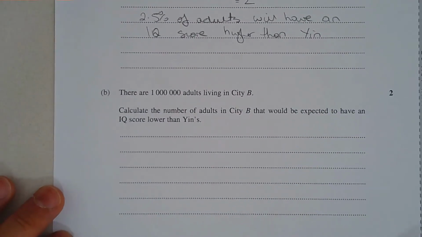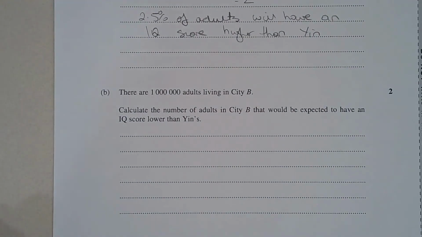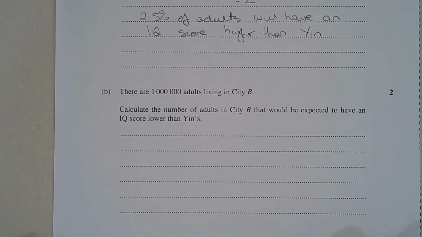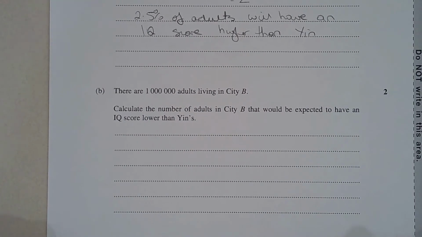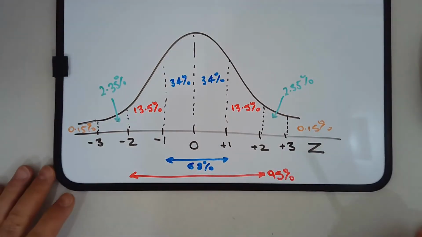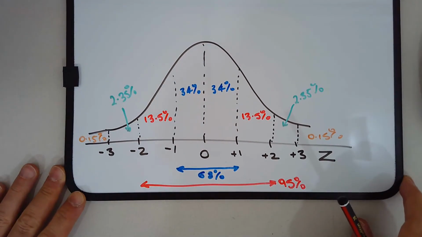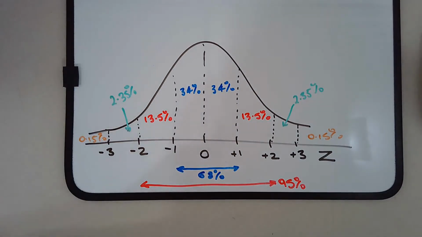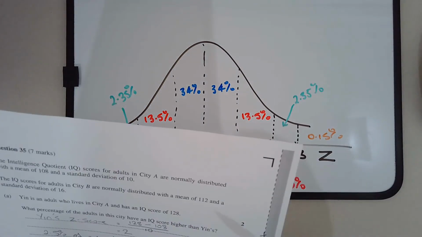Next part, part B. There are 1 million adults living in City B. Calculate the number of adults in City B that would be expected to have an IQ score lower than Yin's. So now again, if we go back to our distribution, Yin's IQ score is 128.